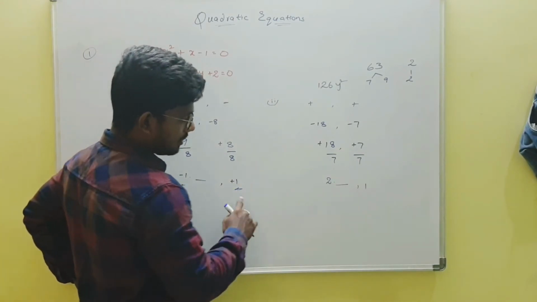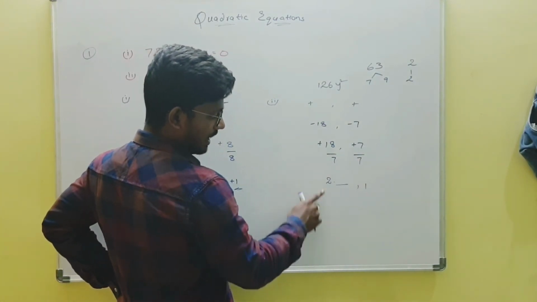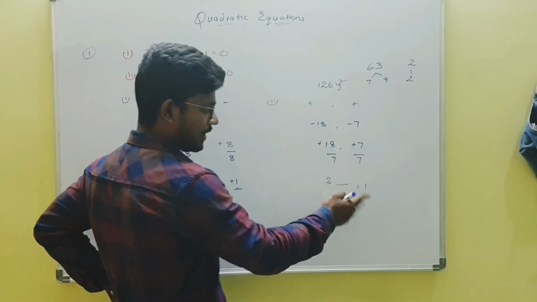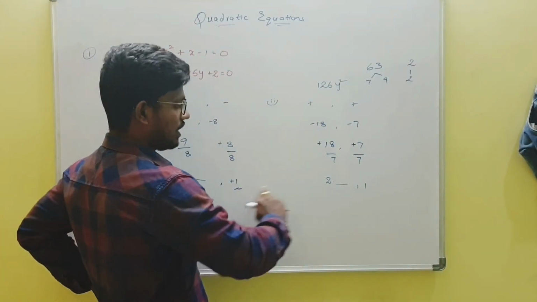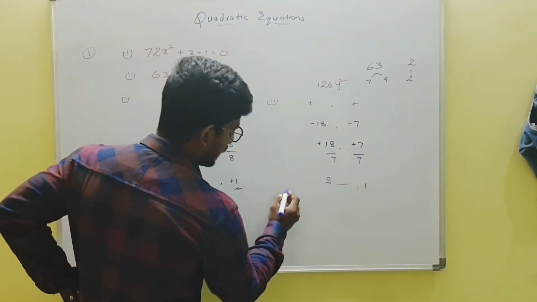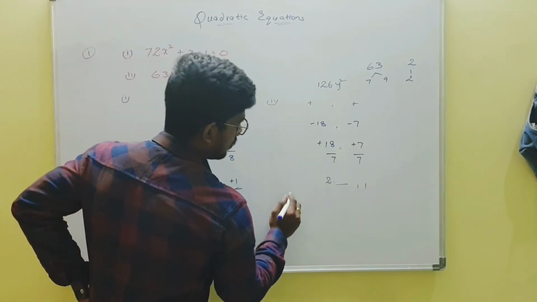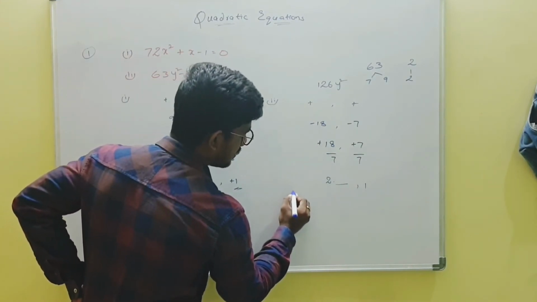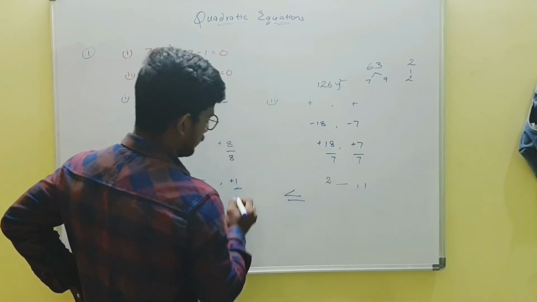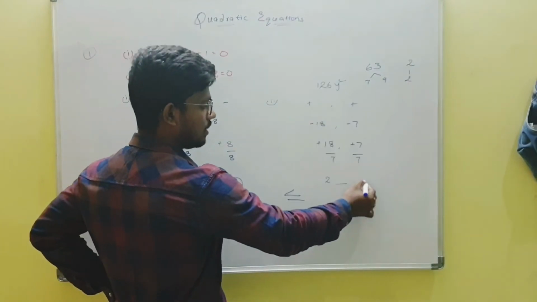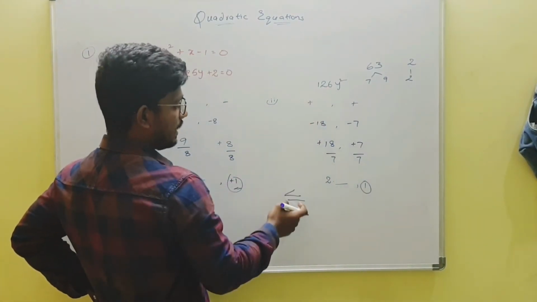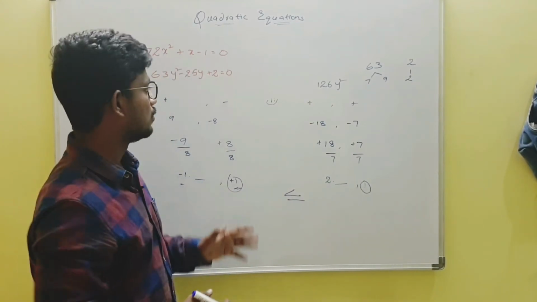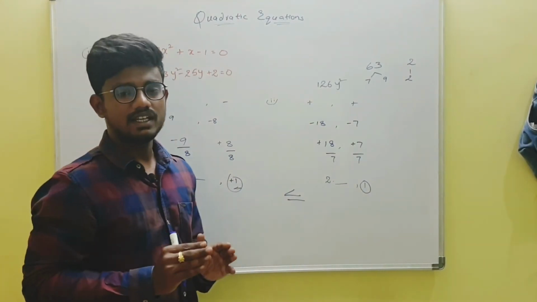Taking plus 1, here we have 1 and 2 point something. So 2 point something is greater than 1 and 1 is equal to 1. So I can say that the roots of y, the second equation, are greater than or equal to the roots of x, because here 1 is equal to 1. That is the relation established.